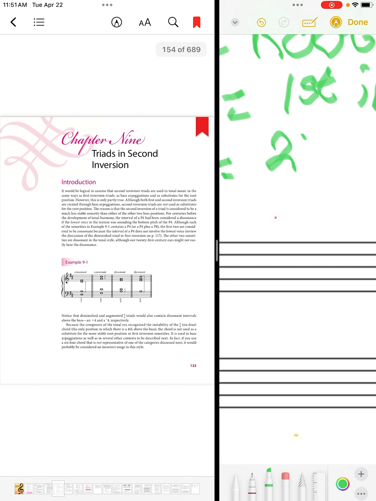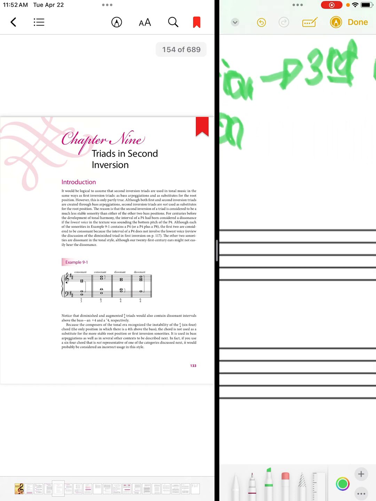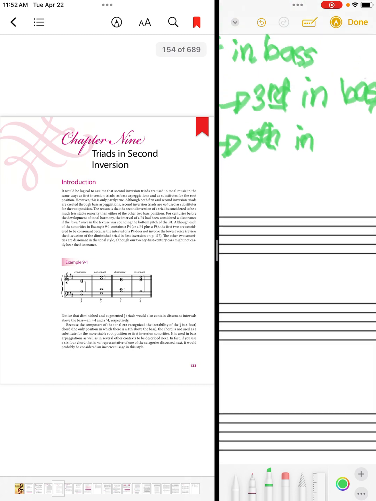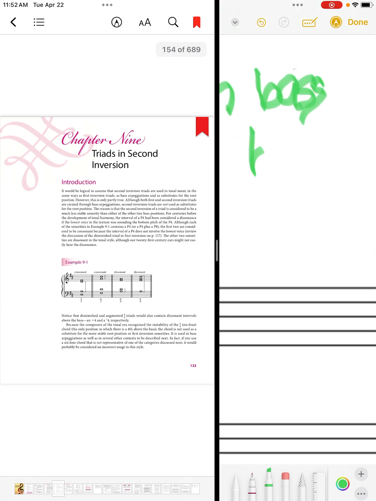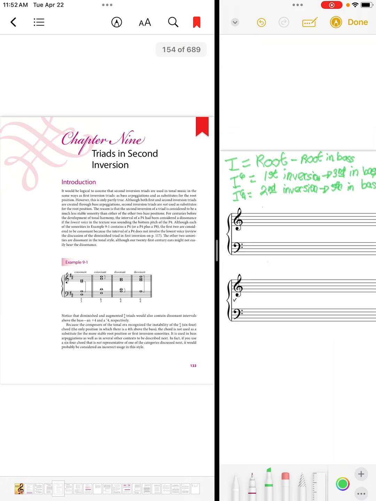This is why it means second inversion, meaning the 5th goes in the bass. 5th in the bass. Okay, so that's the common rule I'm going to stick with for the duration of this one.